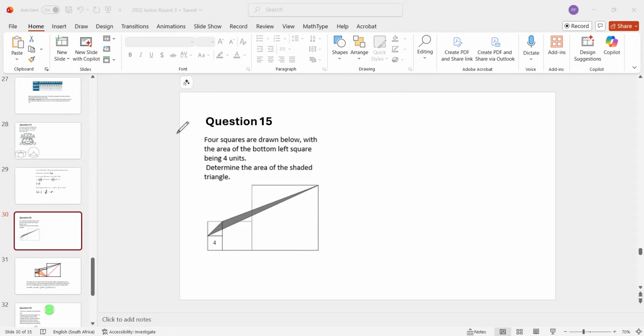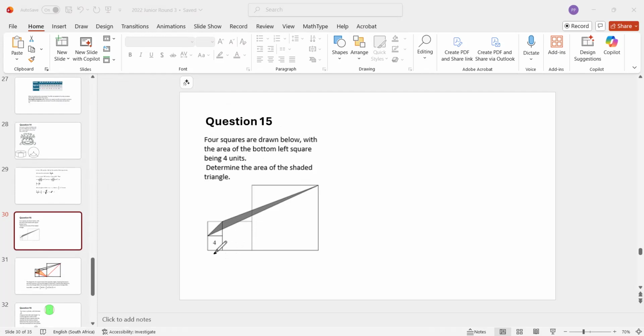So what does it say? 4 squares are drawn below. Okay, just bear in mind, all these are squares. They're not any rectangles, they are squares. The area of the bottom left square is 4 units. Okay, if the area is 4, then at least we can give a start to that.